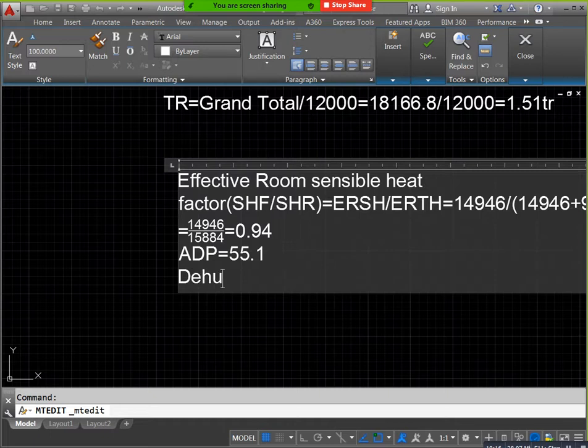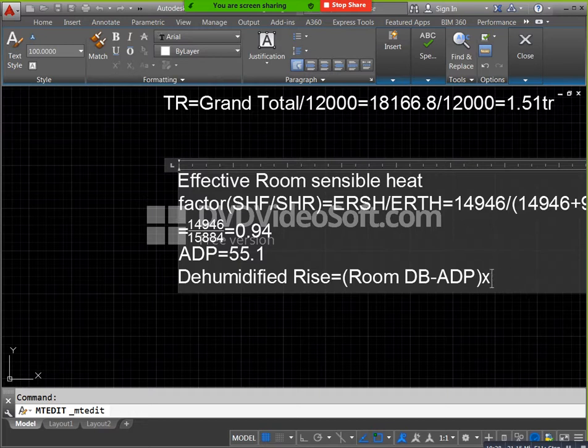Okay, this is our formula. Now you can mention the values. Room dB means how much? 76 minus ADP 55.1. Now you can mention your contact factor.